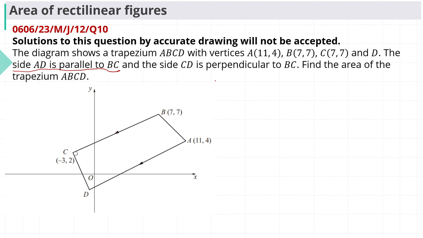Okay. The gradient of side AD should be the same as the gradient of side BC, because these two sides AD and BC are parallel. So now gradient of BC, change in y, 7 minus 2 divide change in x, 7 minus 3, and that gives 1 out of 2.